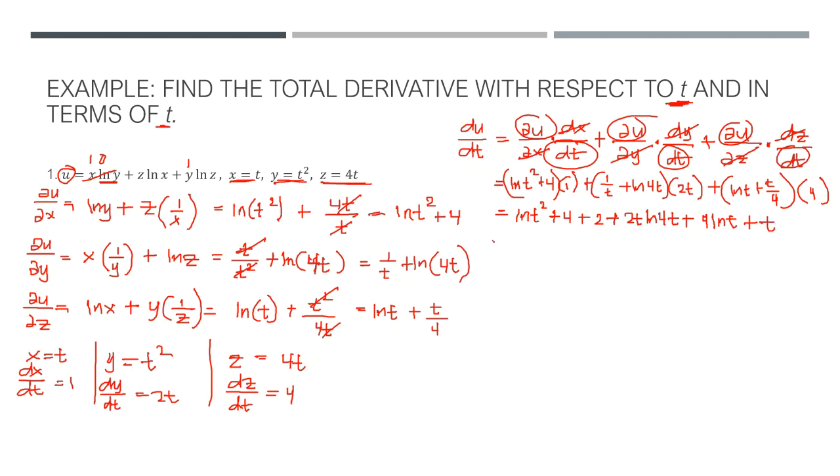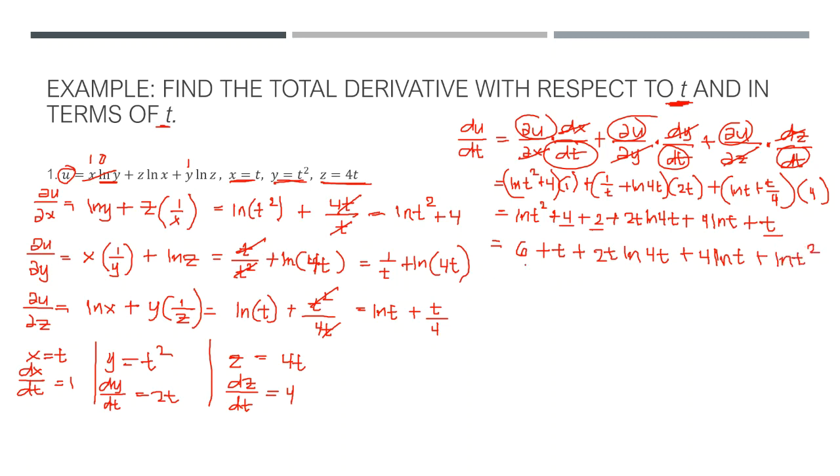Now simplifying further, combining like terms, we have 4 plus 2, that is 6, plus we have the t here. Then we also have 2t ln 40. We also have plus 4 ln t plus ln t squared.